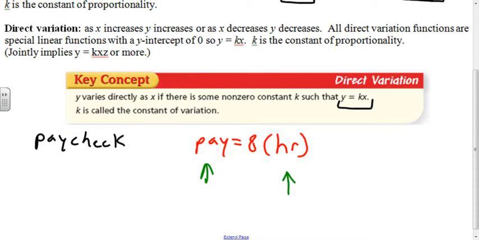If you decide, oh, I'm not going to work as many hours this week, so I'm going to work fewer hours, then you're going to get less pay. So they vary directly. If you got $56 this week, and it was $8 an hour, then you know that you worked exactly 7 hours.